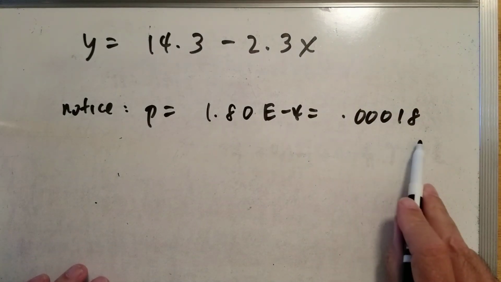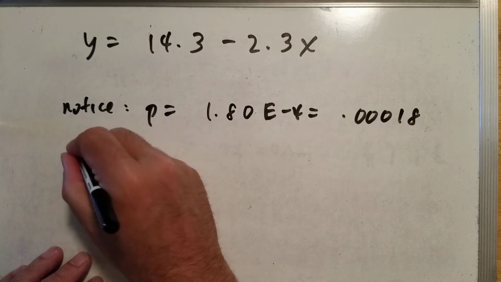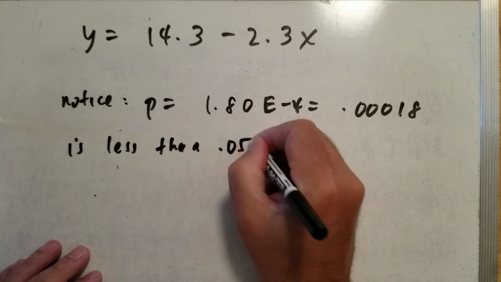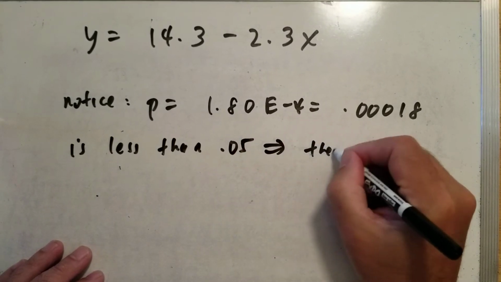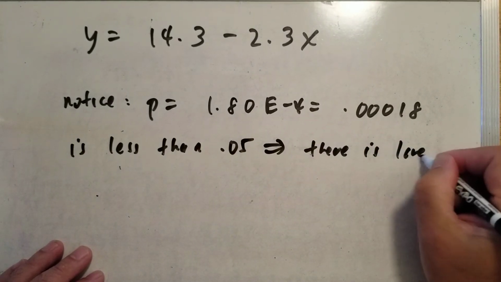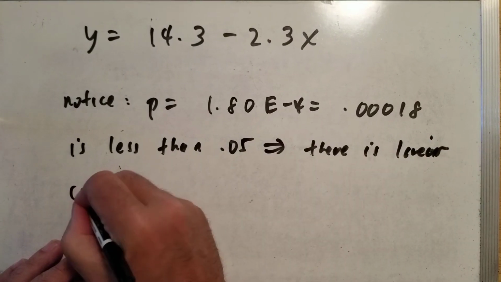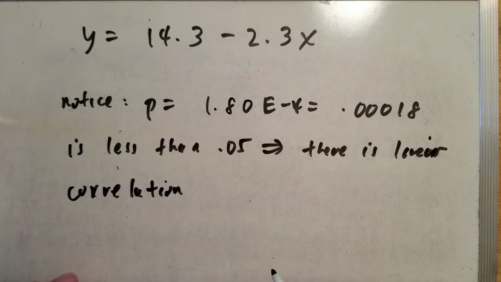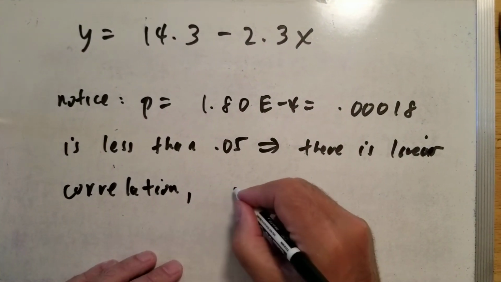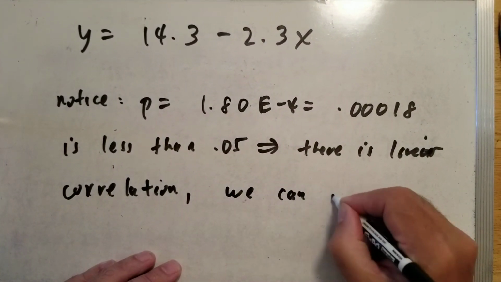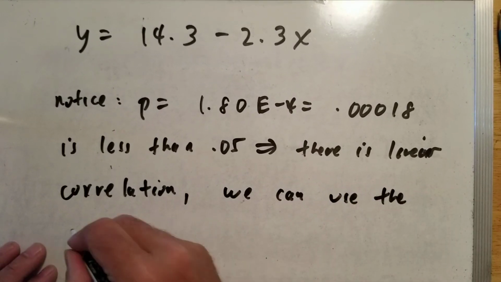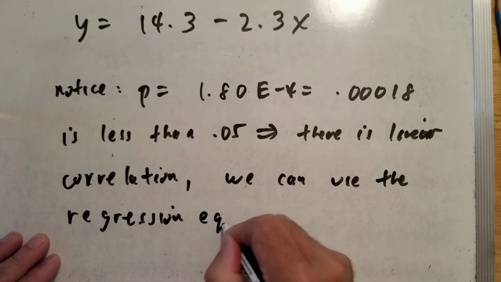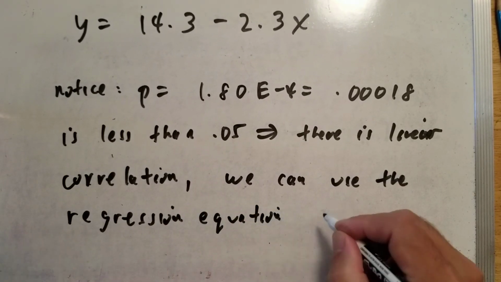So notice that that's less than 0.05. That means there is linear correlation. And for the purposes of regression, that means we can use the regression equation to predict y.